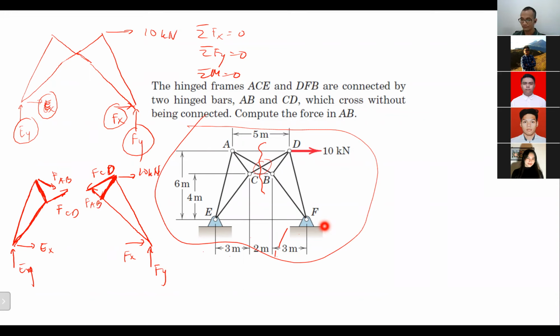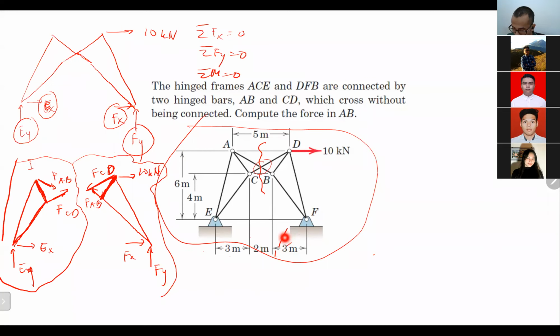How many unknowns in total do we have? Okay, then I will not ask you like that. Let's see one by one first. This is the first free body diagram, and this is the second free body diagram. If I take a look at the first free body diagram, how many unknowns do we have? 4.